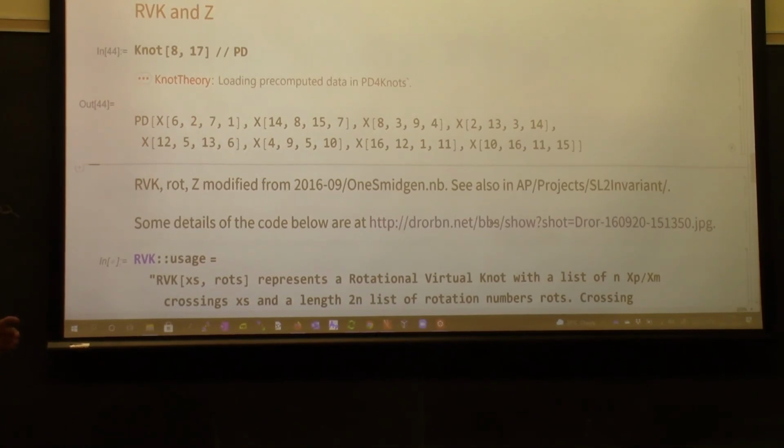From the list of crossings, I know that these crossings can be placed in the plane in only one way, but I still don't know the rotation numbers. I should be able to recover them, at least up to whirls.